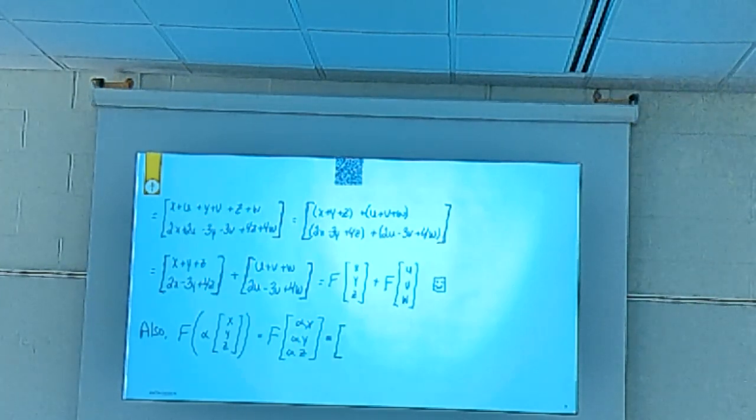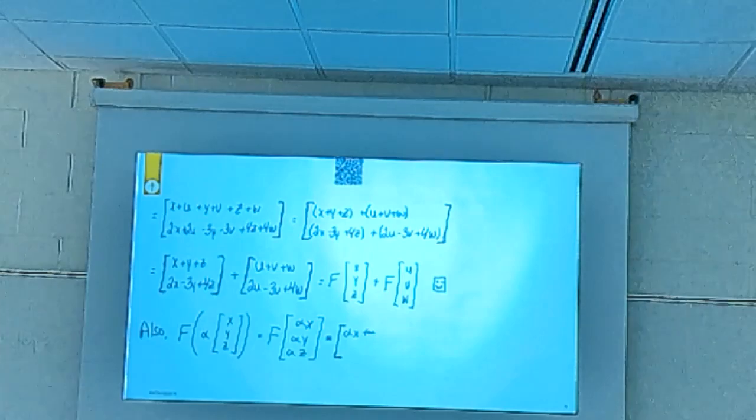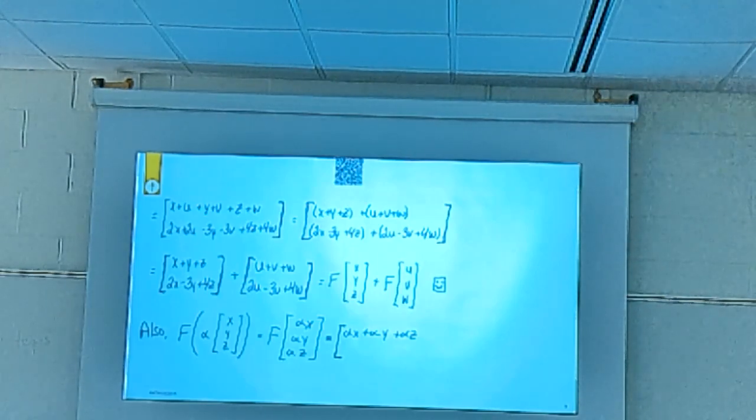Going to get a 2-vector. The first component is the sum of the 3 components. Your second component, twice the first, minus 3 times the second, plus 4 times the third. Right?